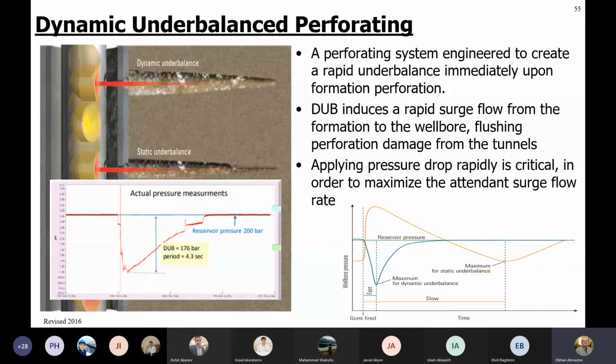Well, again, initially, this is actually orange, not yellow. But anyway, maybe on your screen it's yellow. We are talking about this one, right? The static underbalance. Can you see the mouse? Yeah. So initially we have, as we said, a static underbalance. A static underbalance means we have underbalance conditions before the perforation. So the wellbore fluid, the completion fluid in the wellbore before the perforations, creates a pressure that is lower than the reservoir pressure.